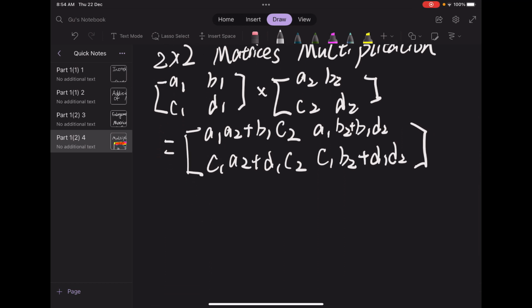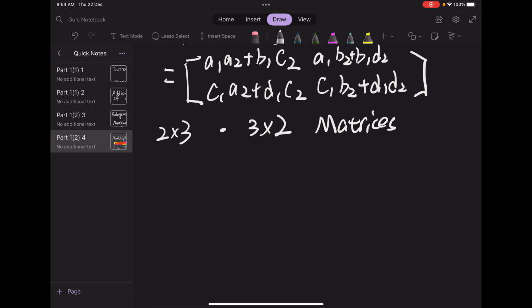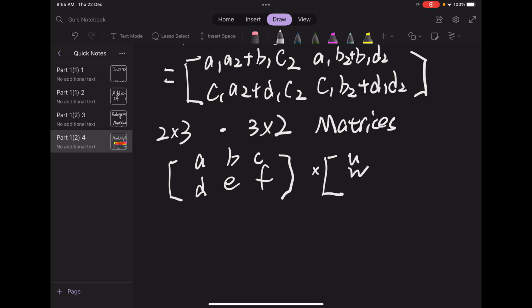We can also do the same thing to, for example, a 2 by 3 matrix times a 3 by 2 matrix. For example, we have A, B, C, D, E, F times, for example, A1, B1, C1, D1, E1, F1.